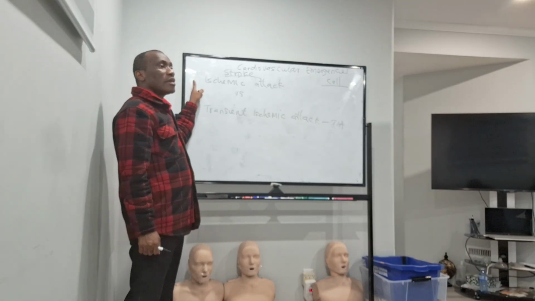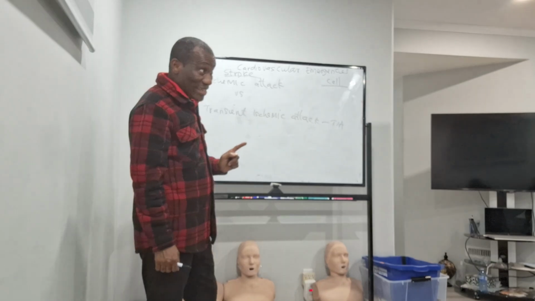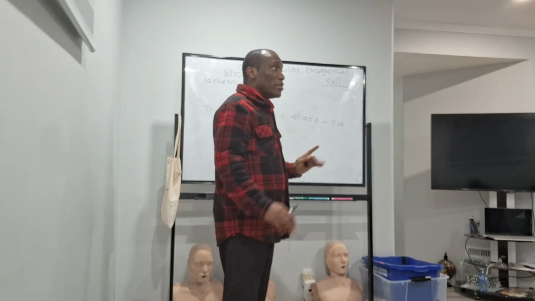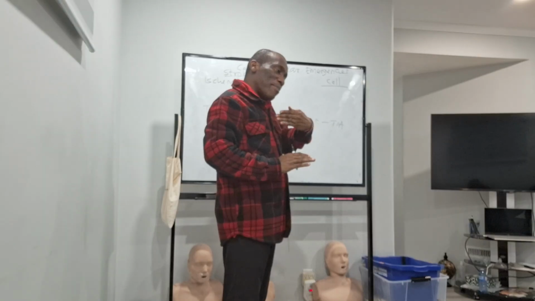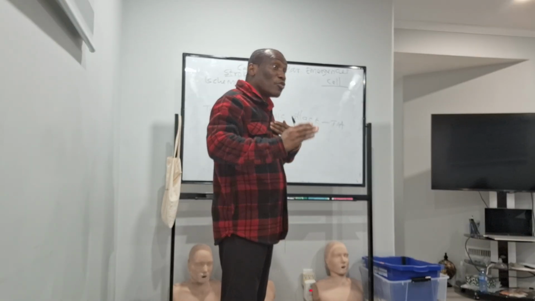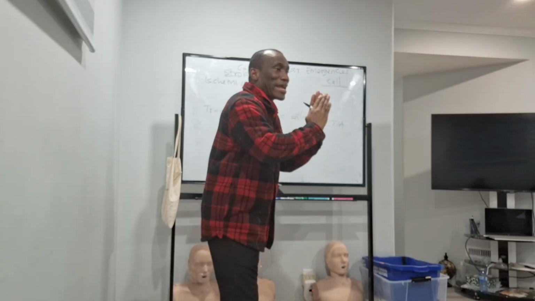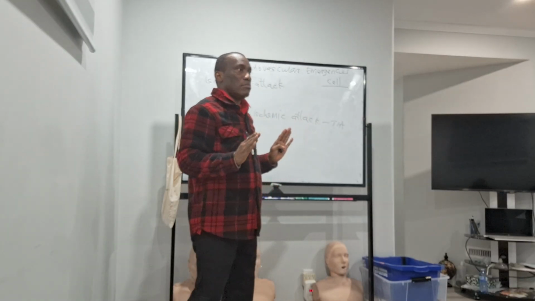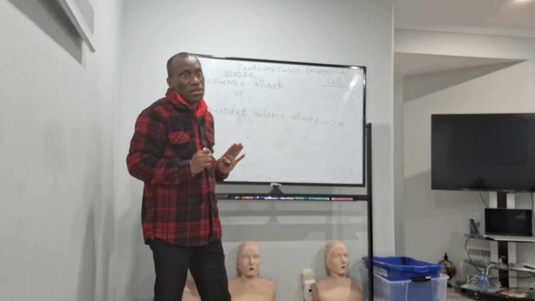So stroke is similar to heart attack, but different organs. Heart attack happens to the heart. Stroke happens to the brain. But the mechanism is the same. When I talk about mechanism, I'm talking about blockage of artery.